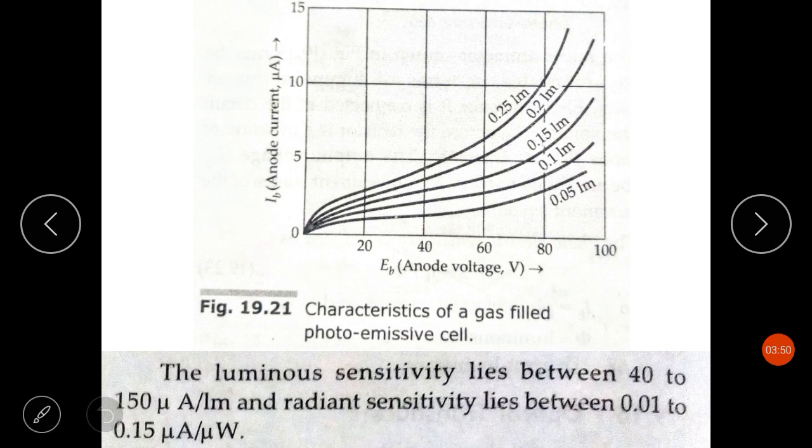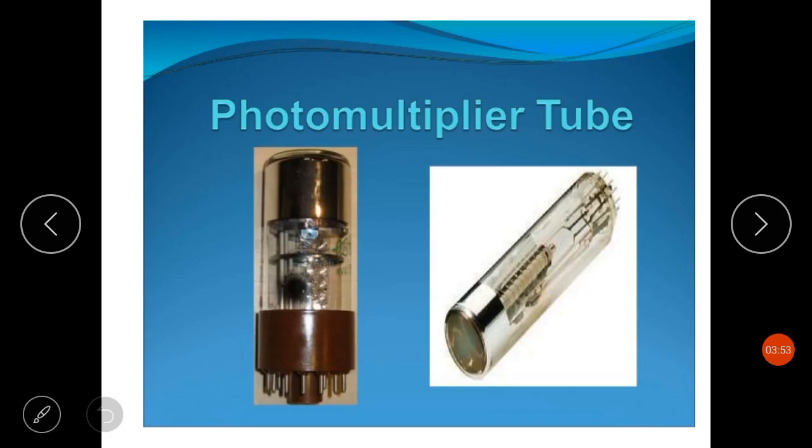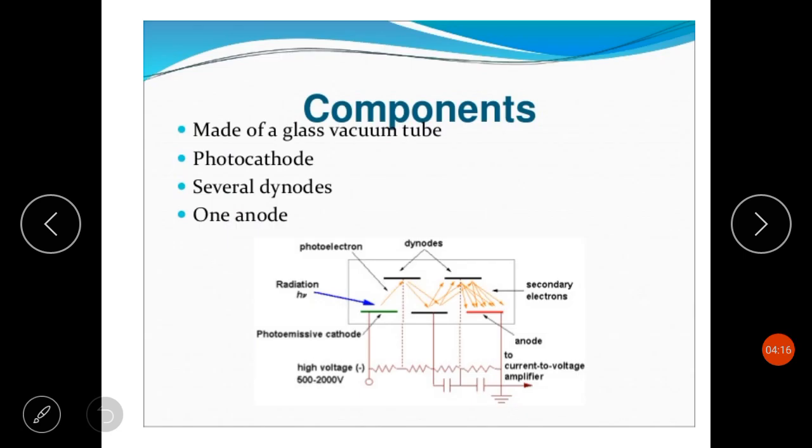So how does the photomultiplier tube increase the output photoelectric current? As I've told you, the output photoelectric current gets amplified in the photomultiplier tube, because of which its sensitivity increases. The main reason behind the amplification is the usage of successive stages of diodes.